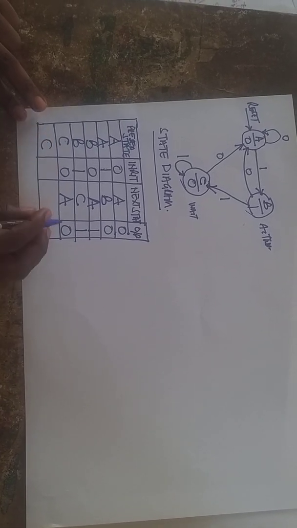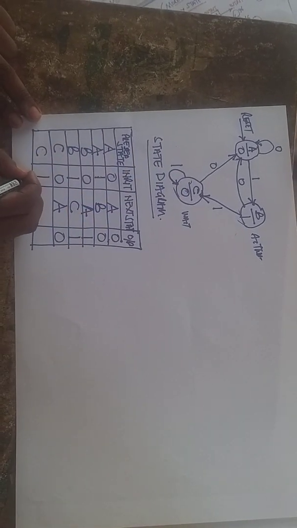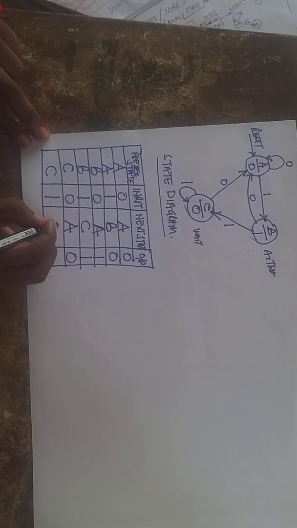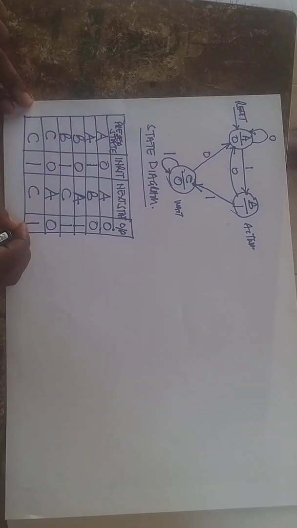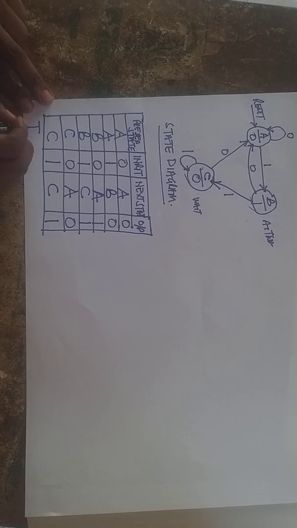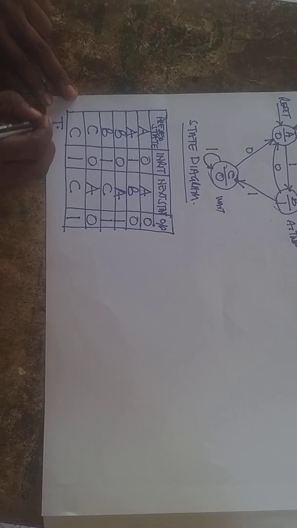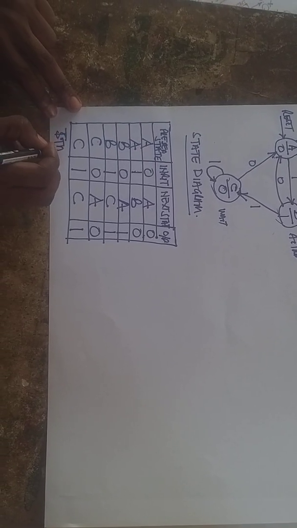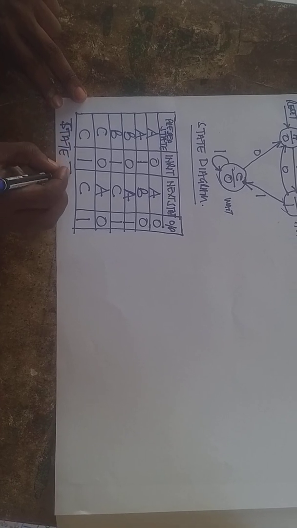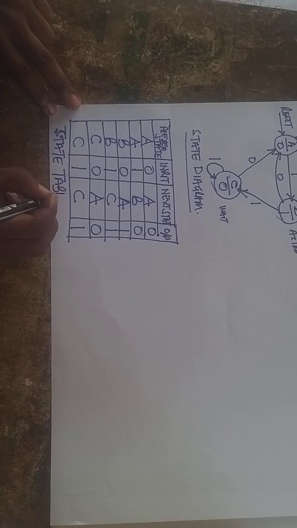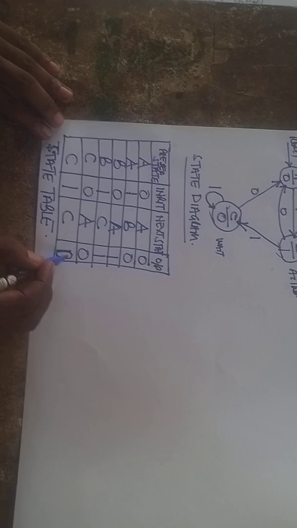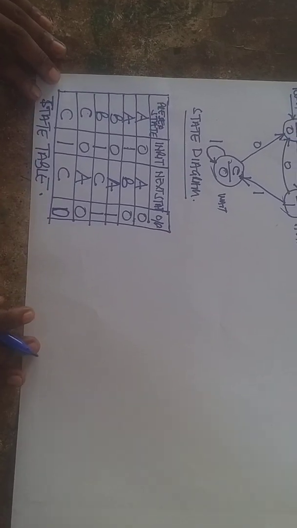At C, when the input is 1, it remains at C, and the output is 0. So this becomes my state table.